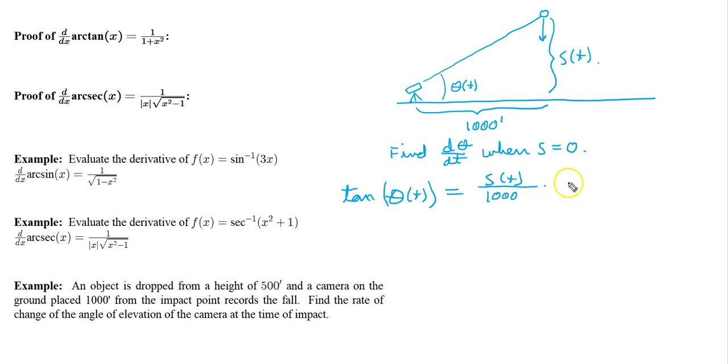You see, because now from here we get that theta equals the arctangent of s over 1,000. So now we need to find s as a function of t, and then we can plug that in here. Then we'll have theta as a function of t, and we'll be able to differentiate this.